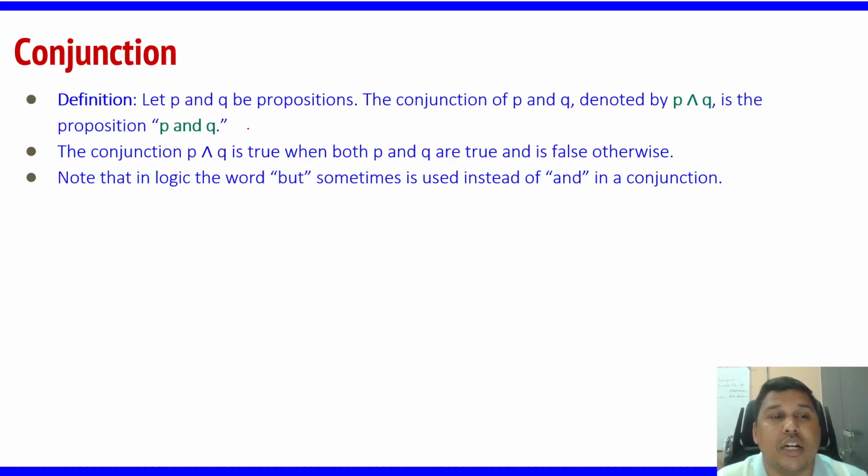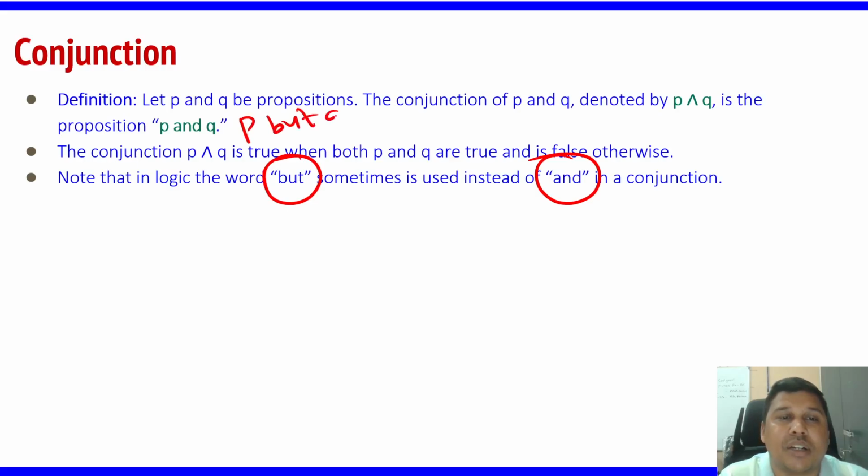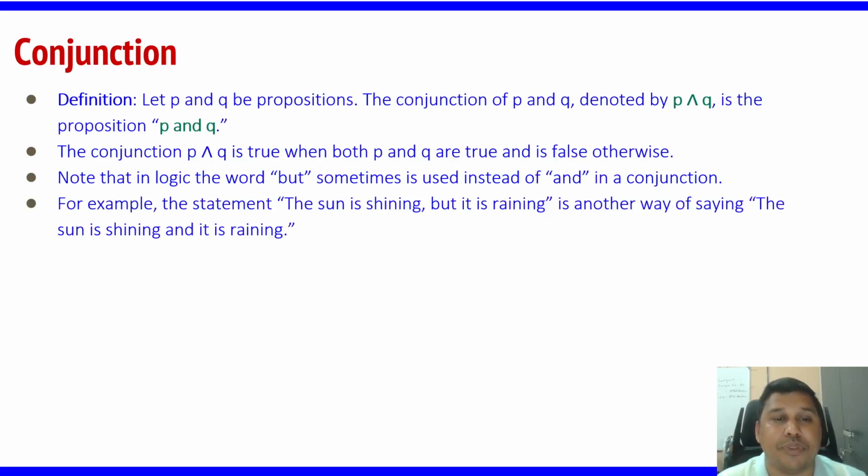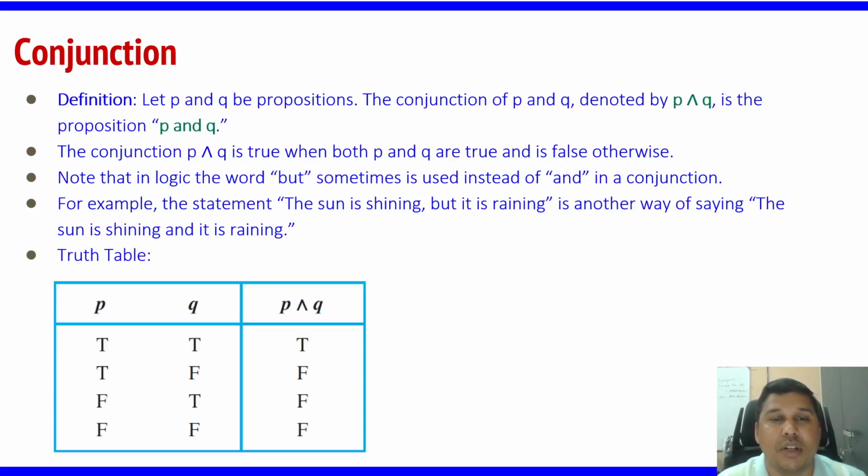Note that in logic, the word "but" also appears sometimes instead of "and". So this is also called P but Q. Sometimes "but" is used instead of "and". For example, the sun is shining but it is raining, or I can say the sun is shining and it is raining, both are the same. In the truth table, as we said, only when both are true, the result is true.